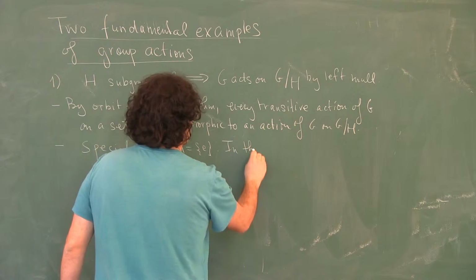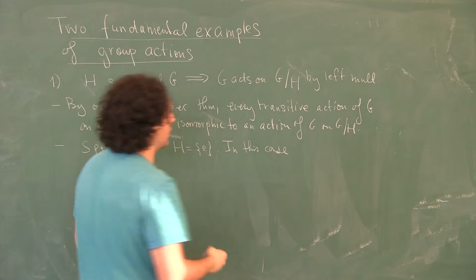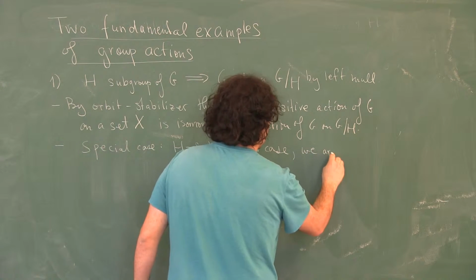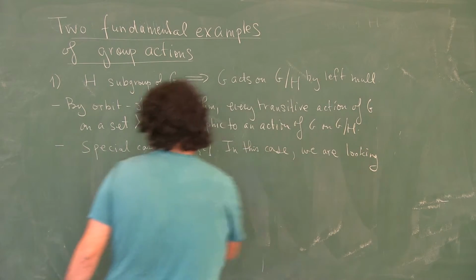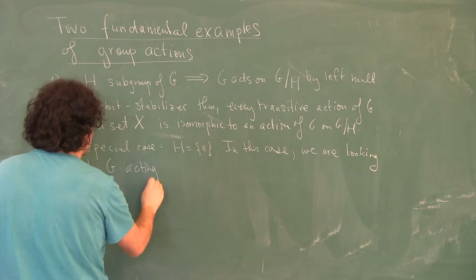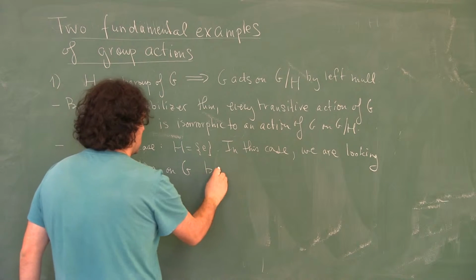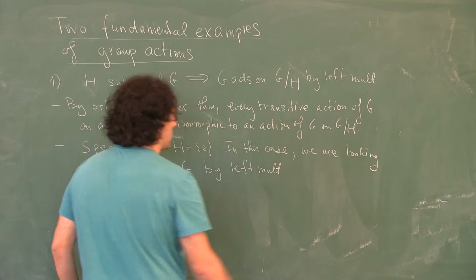In this case, G mod H is G. We are looking at G acting on itself, G acting on G by left multiplication.